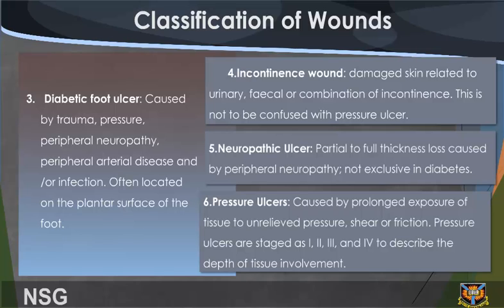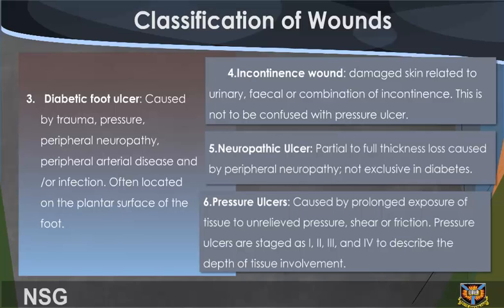Damaged skin related to urinary, fecal, or combination incontinence. This is not to be confused with pressure ulcer. 5. Neuropathic ulcer. Partial to full thickness loss caused by peripheral neuropathy, not exclusive to diabetes.